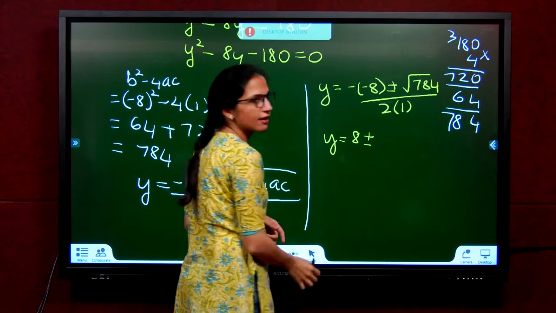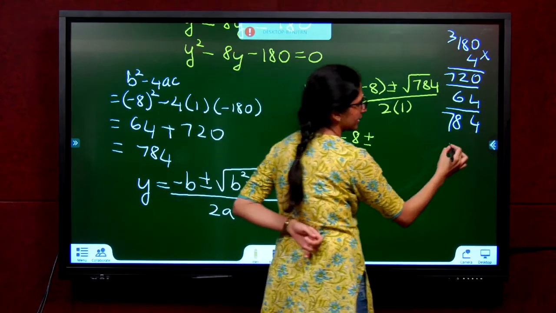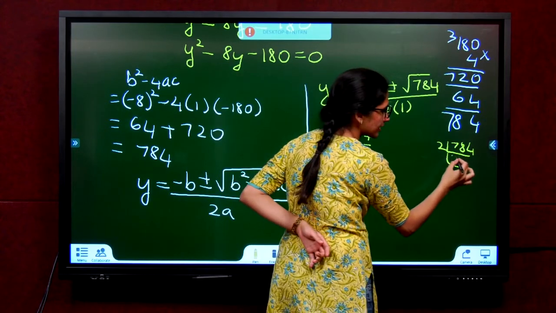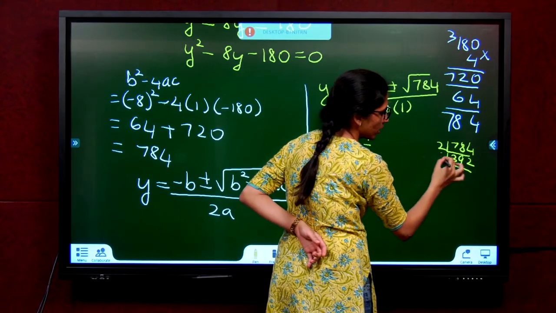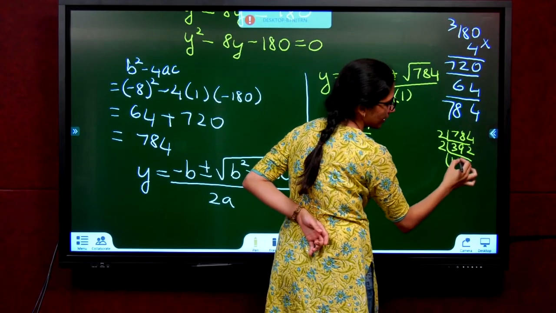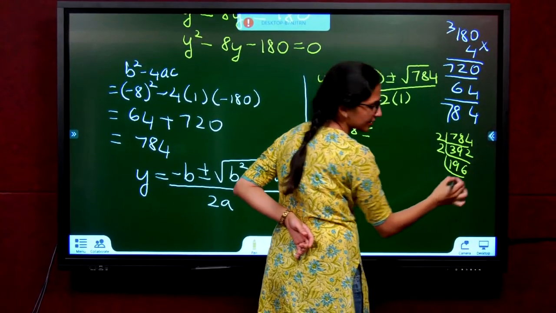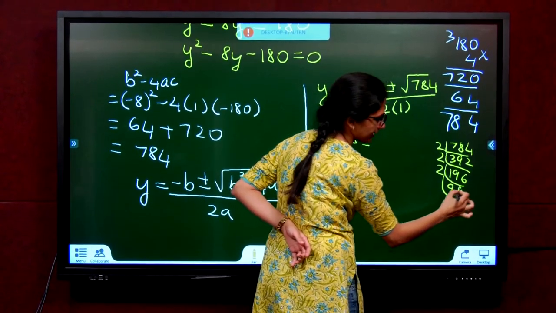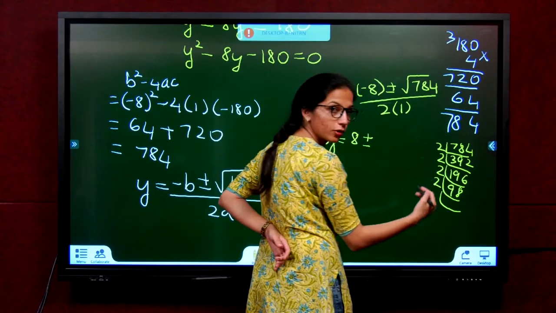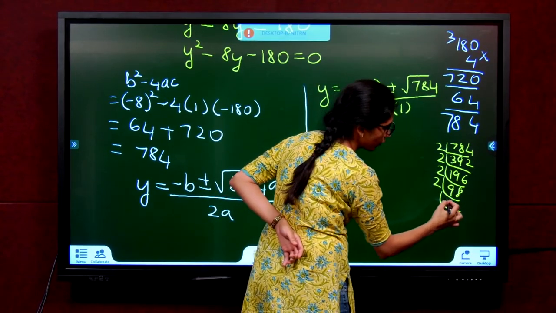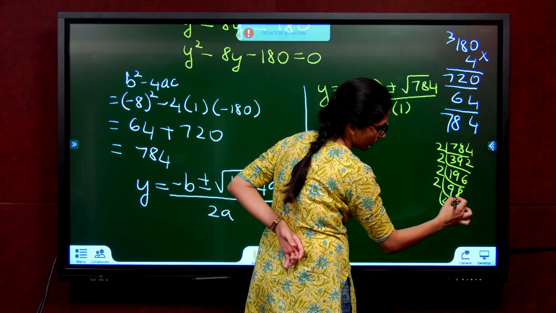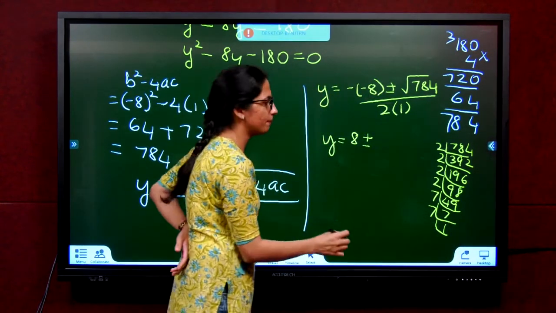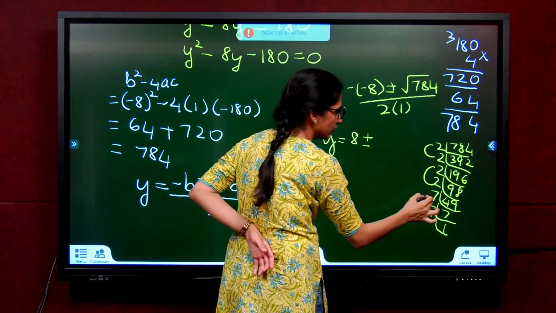Therefore, we can say y is equal to minus of minus 8, plus 8, plus or minus root 784. Go for prime factorization. 784: 2, 2 3s are 6, 1, 9, 2, 2 9s are 18, 8s are 16, keep going with the smallest prime factor, 2 4s are 8, 2 9s are 7, 7, 7, 1. Group in pairs: 2 2, 2 2, 7 7.